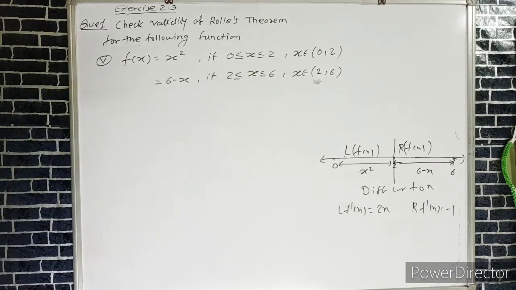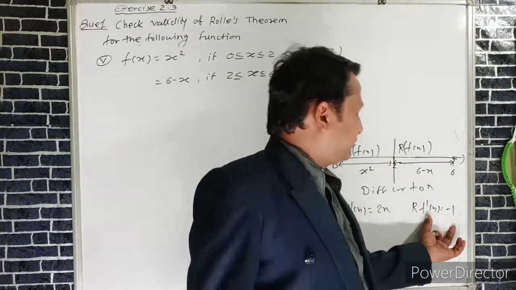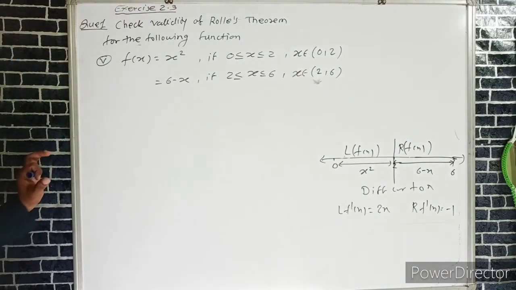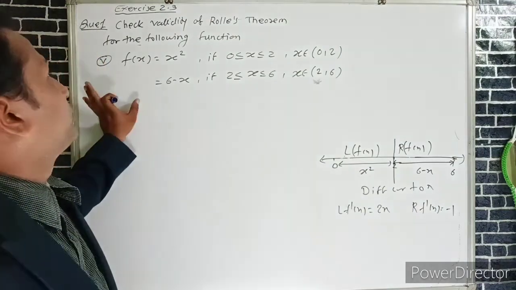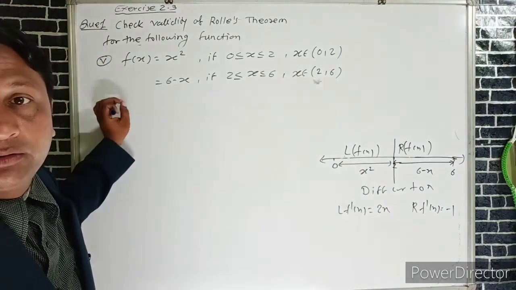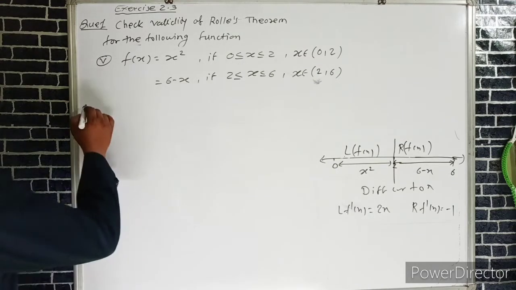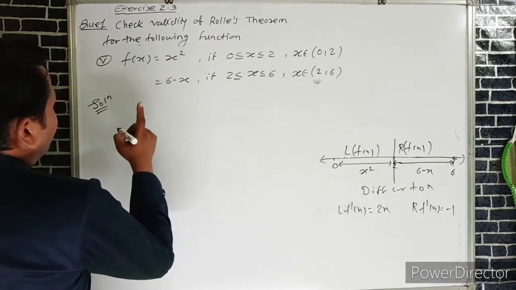After substituting the value of x, if the left hand and right hand derivatives are equal, then we can say that the given function satisfies all the conditions of Rolle's theorem, or the given function is valid for Rolle's theorem. So now we take the function x square.